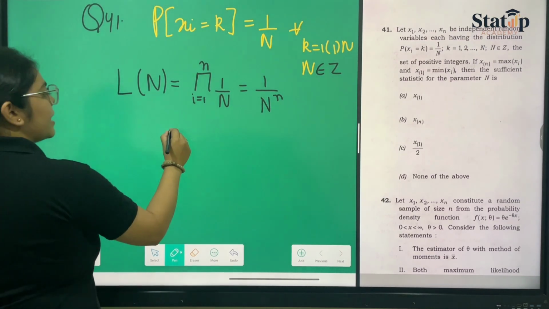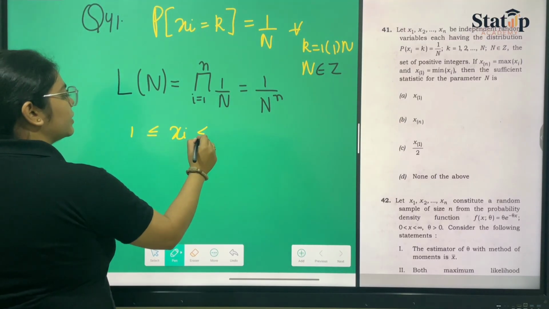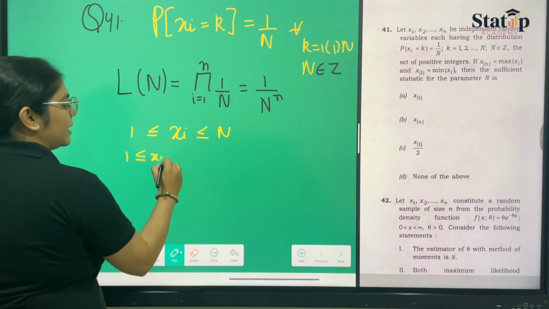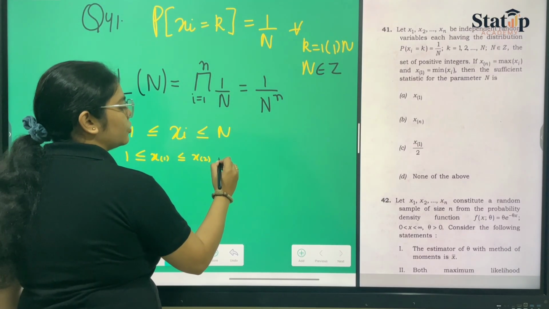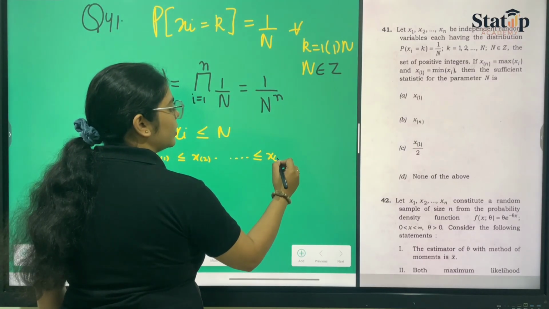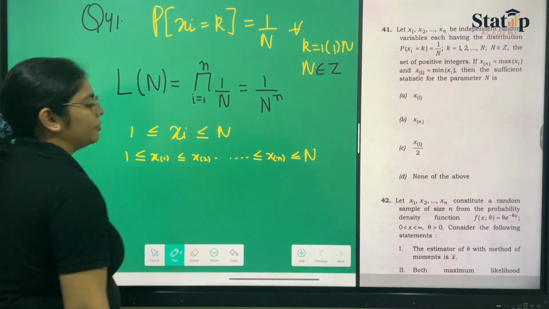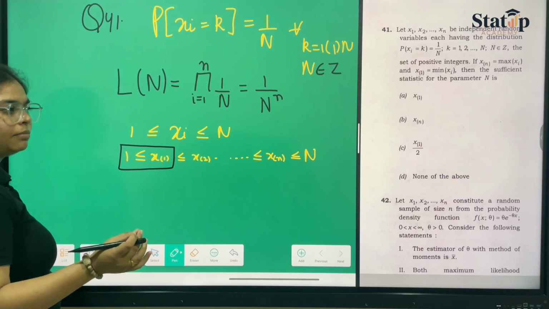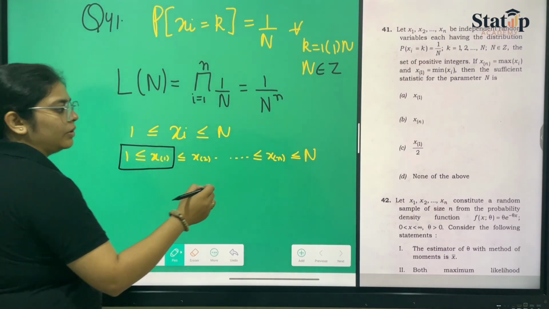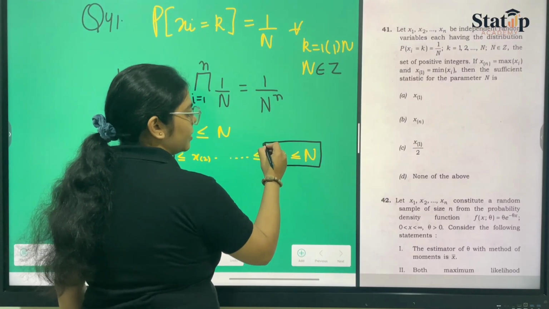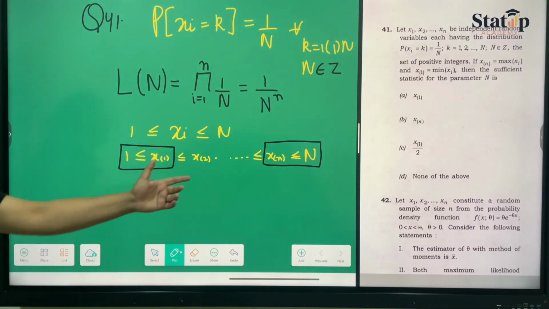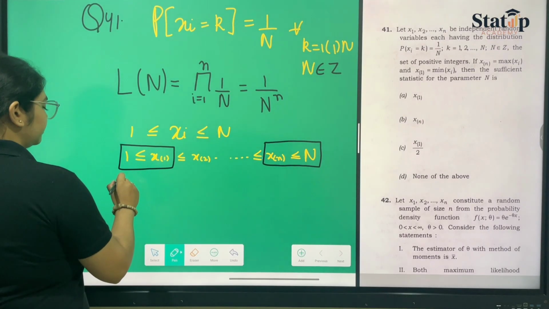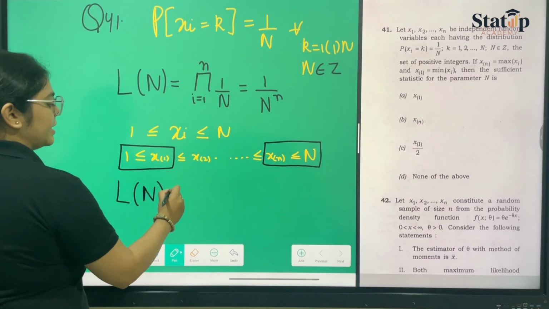Now we all know that Xi lies between 1 and N. We can also state this in ordered statistics: 1 is less than or equal to X1, less than or equal to X2, and so on, less than or equal to Xn, less than or equal to capital N. From this we can see that X1, the minimum of all the Xi's, is always greater than or equal to 1, and Xn, the maximum of all the Xi's, is less than or equal to the value of capital N. So we will transform our likelihood function with an indicator variable.